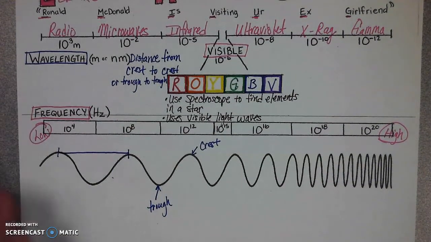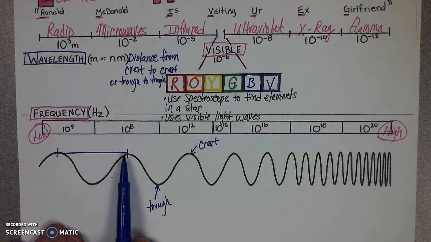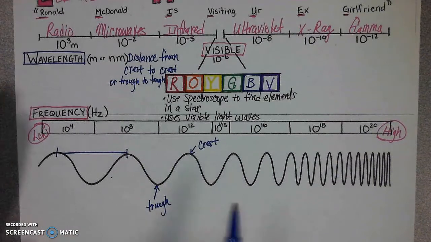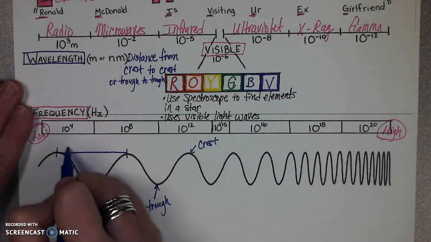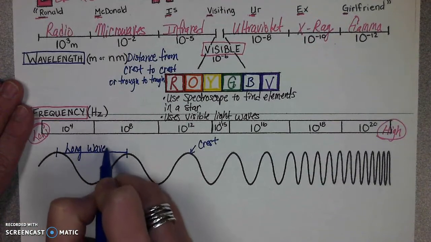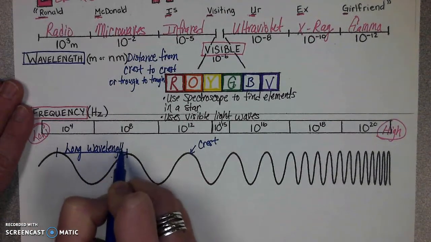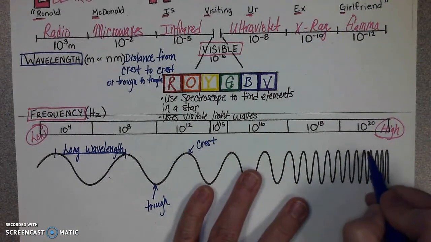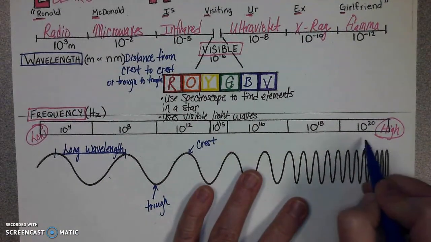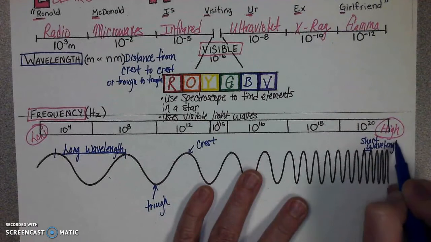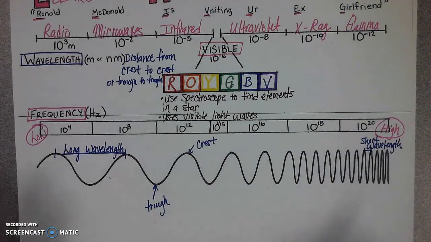Okay? Now, if you look on this side, notice, from here to here, they're starting to get a little bit shorter, right? So on this side, we definitely have the longer wavelengths compared to over here, where we have a short wavelength. Okay?